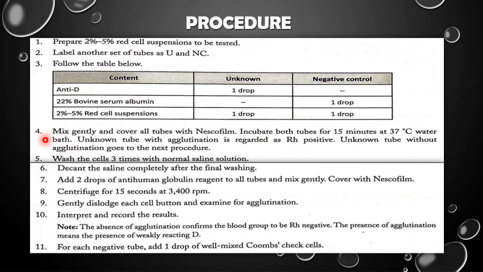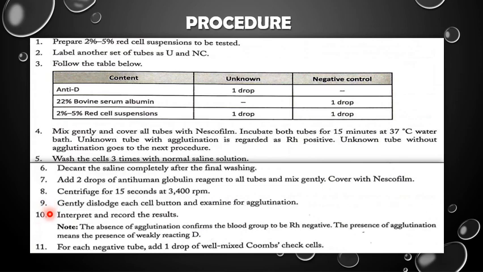Number 7, add 2 drops of anti-human globulin reagent to all tubes and mix gently. Cover with Nesco film. Number 8, centrifuge for 15 seconds at 3,400 rpm. Number 9, gently dislodge each cell button and examine for agglutination.